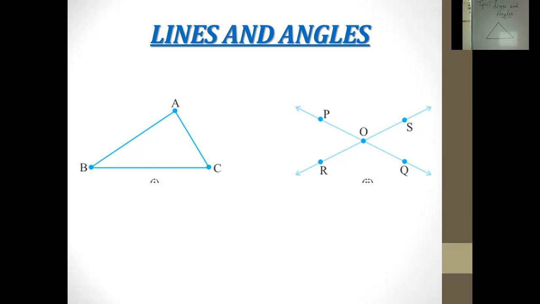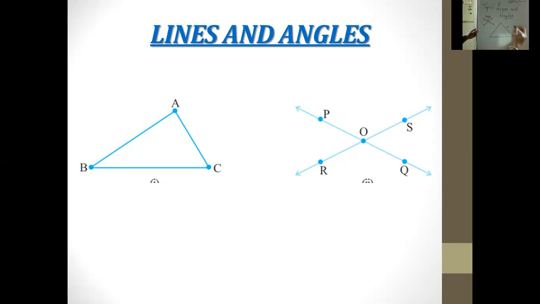So in the second case we can see that there are lines which are cutting at a point here, but they have no end point, they are going further, but they are making angles here. So this is making an angle, and these are the sides.